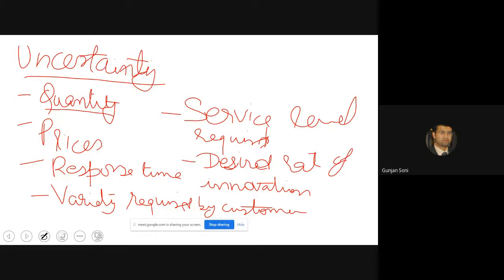I repeat, if the rate at which the product gets updated is high, will the demand for that product be highly uncertain or less uncertain? Can you give your responses here? Highly uncertain. Yeah, right, Karvi. Can you tell me why? Sir, if the products keep changing, then we don't know if the consumer will like the new update, so the demand might increase or decrease based upon the customer's liking of the update.